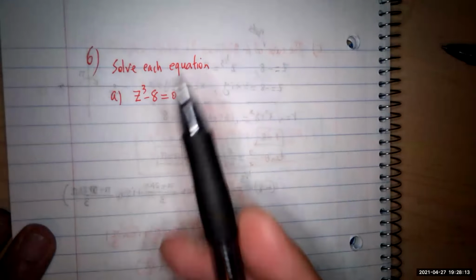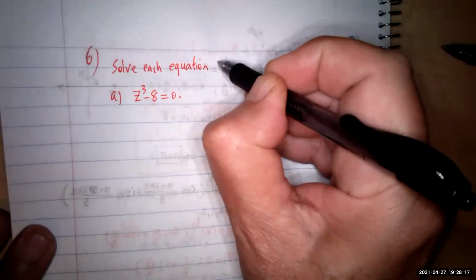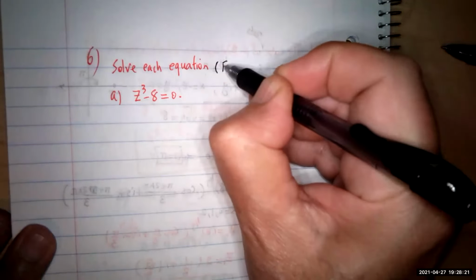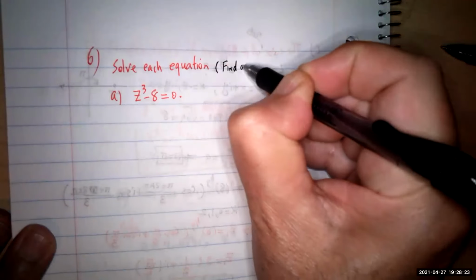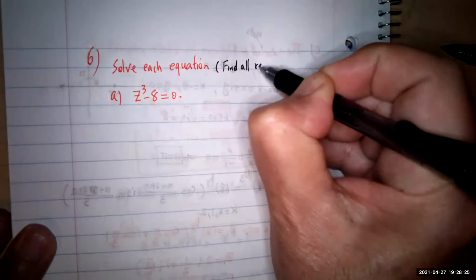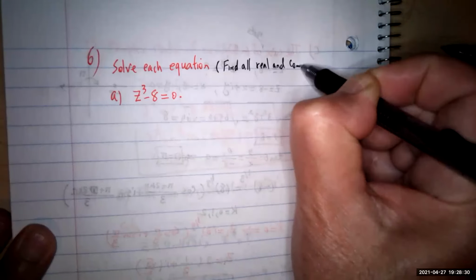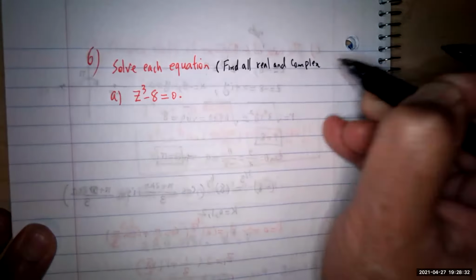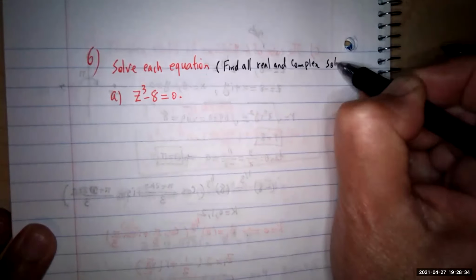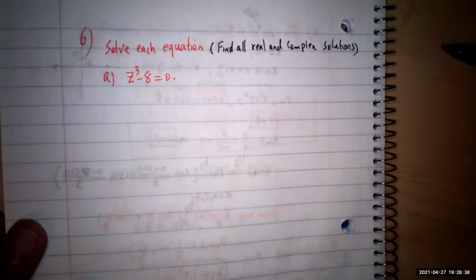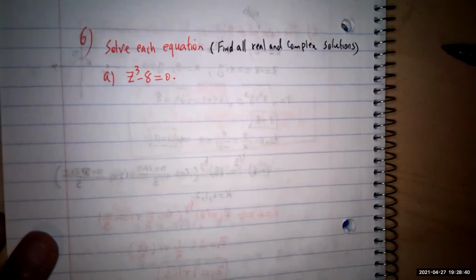On the test we may emphasize and ask you to find all solutions, real and complex, just to make sure you are not doing it in algebra. Because if it were algebra, you would factor it and give us one solution. But that is not the case here.